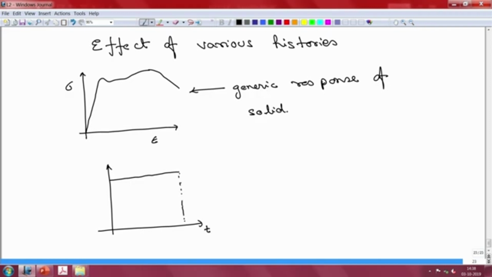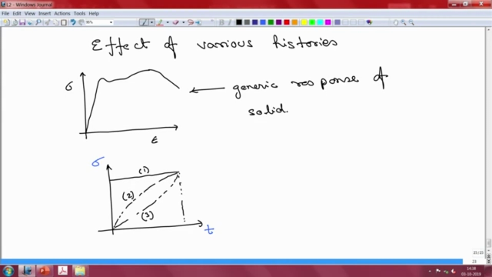This is time, this is stress, this function ends here, and then you can either do it this way or you go through a different path, different paths to arrive there. So, let us call this path 1, this is path 2, this is path 3.